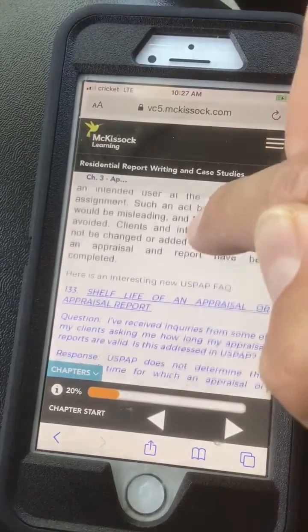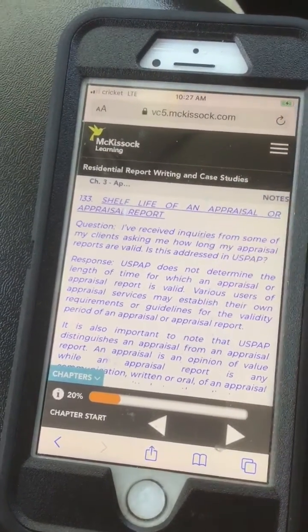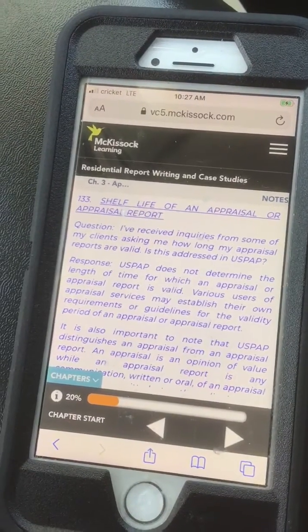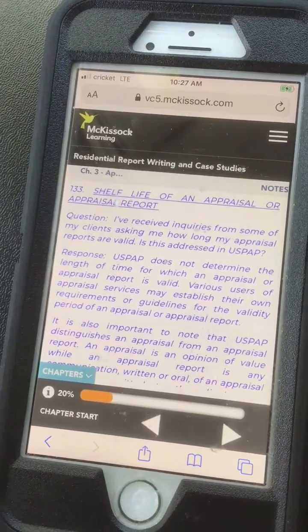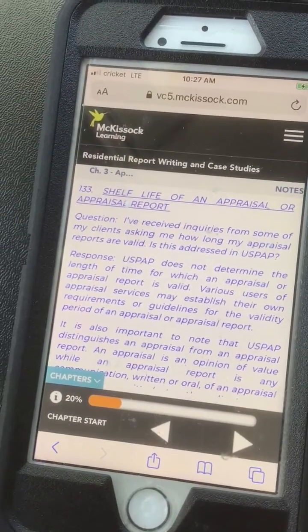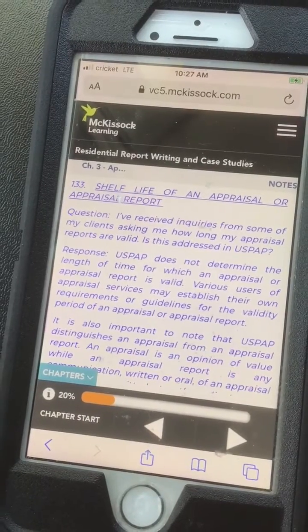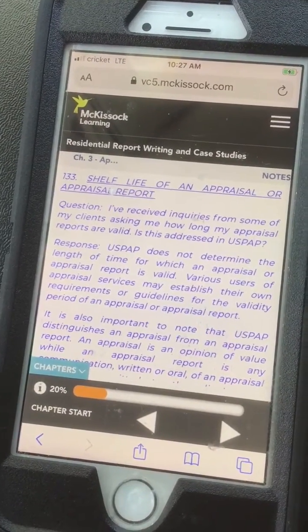Here is an interesting new USPAP FAQ. 133. Shelf life of an appraisal or appraisal report. Question: I've received inquiries from some of my clients asking me how long my appraisal reports are valid.